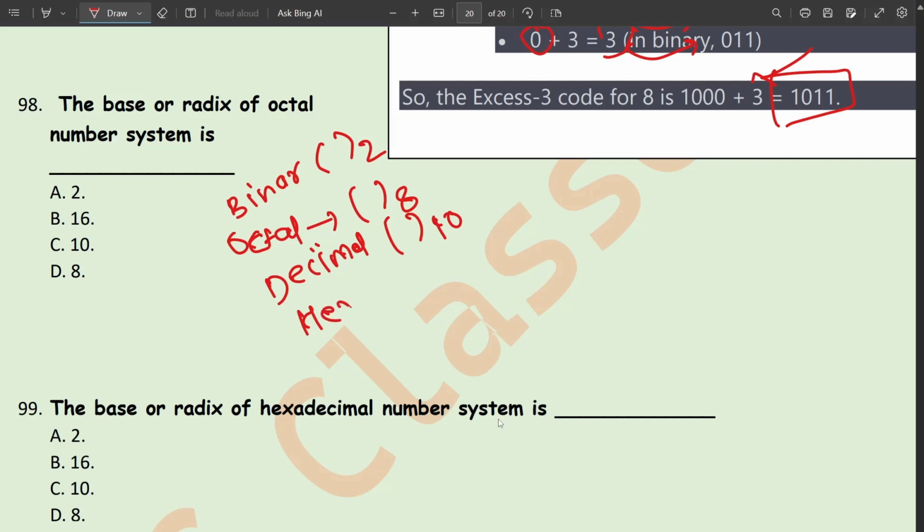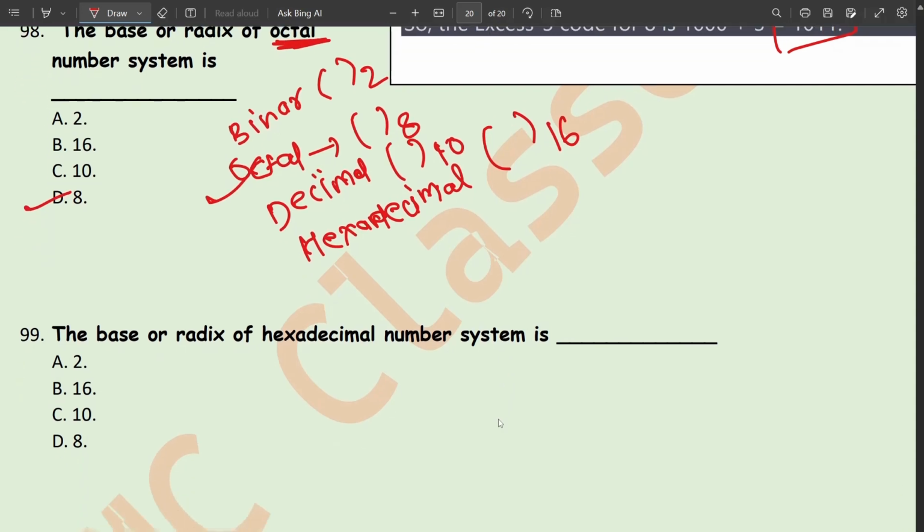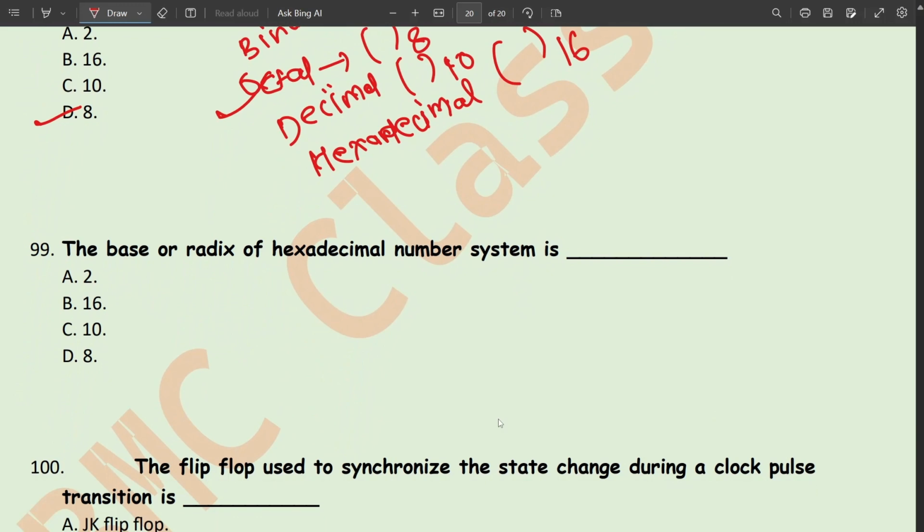And in hexadecimal, we use a base of 16. So radix of octal is 8. Option number D is correct. Next, the base or radix of the hexadecimal number system. You see 16. Option number B is correct.